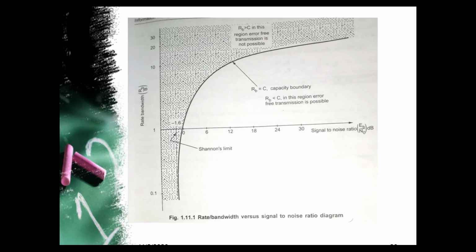Here we have plotted the rate bandwidth RB by B versus EB by N0 in dB. Therefore minus 1.6 dB will be here, and it corresponds to channel bandwidth equal to infinity. This particular value is termed Shannon's limit. That is, EB by N0 equal to minus 1.6 dB for B tends to infinity is called Shannon's limit.